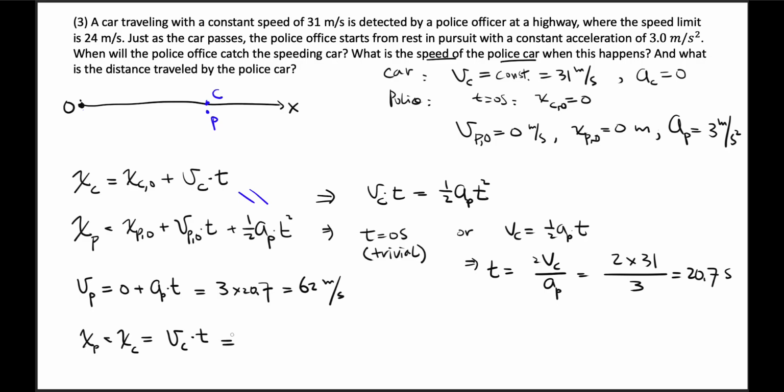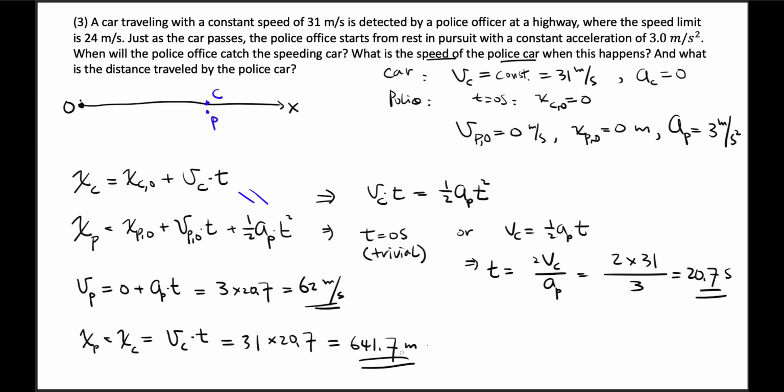We have a single term there, and then VC is 31 meters per second times 20.7 seconds, and that gives us 641.7 meters. Okay, so that's the distance traveled. These three numbers are the answers.